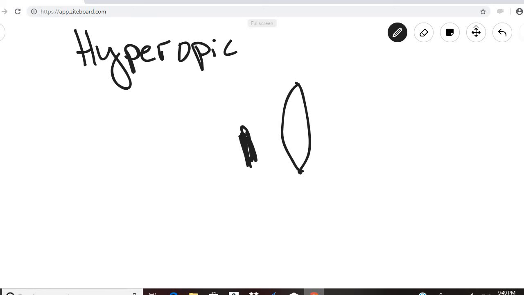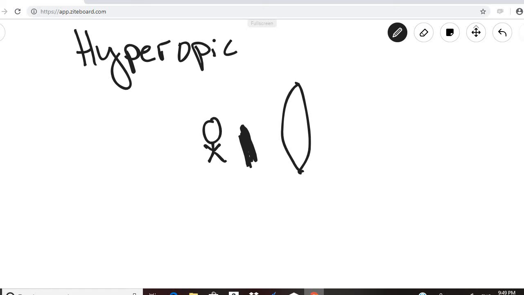So in other words, it doesn't get bent strongly enough. And so the image, instead of getting focused on the retina, gets focused behind the retina. So if you're looking at a person, all the light rays coming from that person would focus behind the retina instead of right on it.